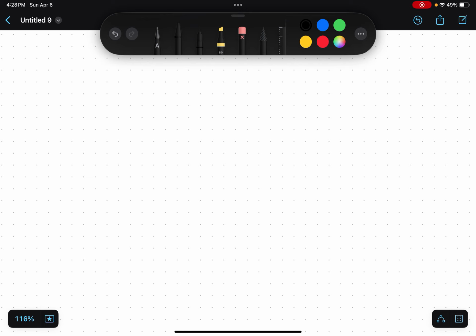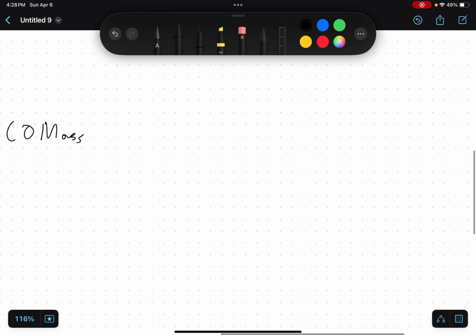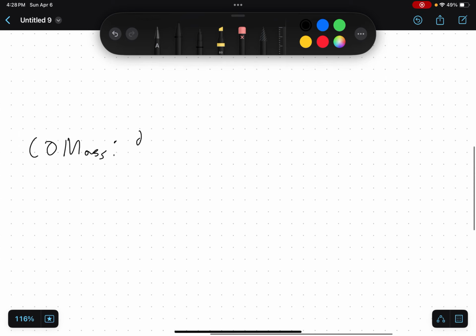Let's do conservation of mass first. The other one is also COM, so I did conservation of mass, but now it looks weird, but I don't care. dm dt.